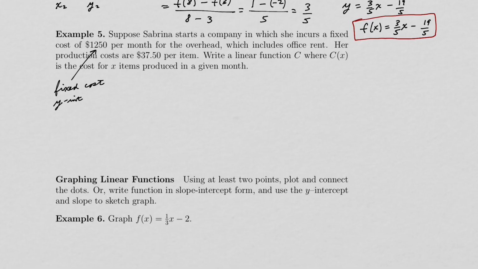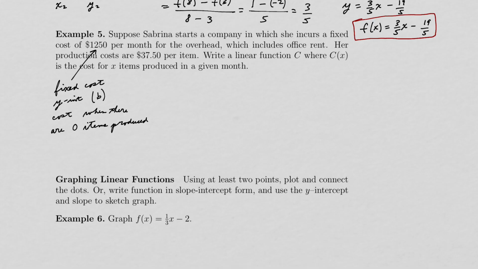In particular, it's going to be the b. It's the cost when there are 0 items produced. It's like the upfront cost, okay?